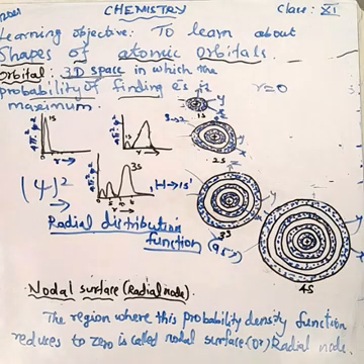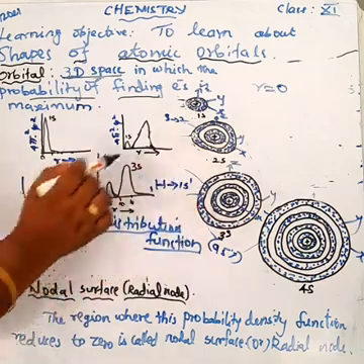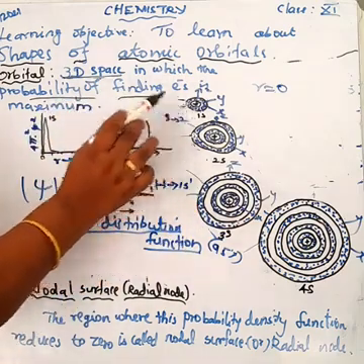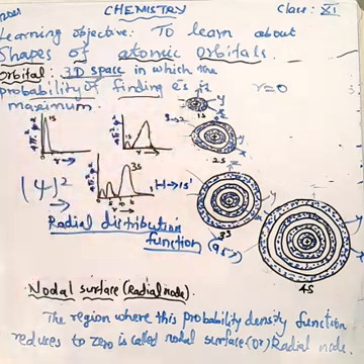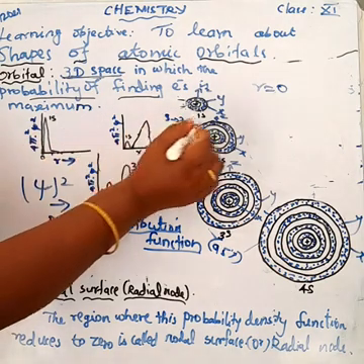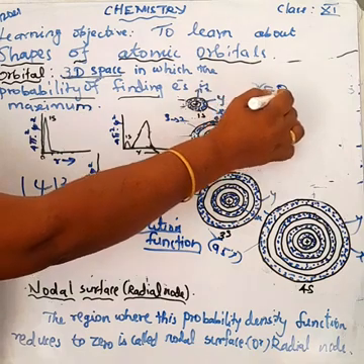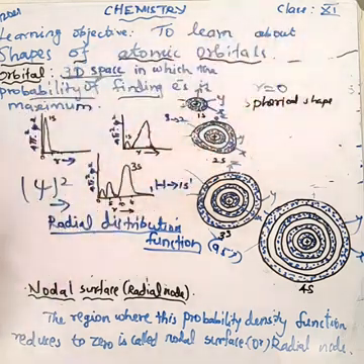The 1s orbital is spherical in shape, with electrons found in all directions. That is why the s orbital is spherical in shape. This is non-directional. Understood? Okay.